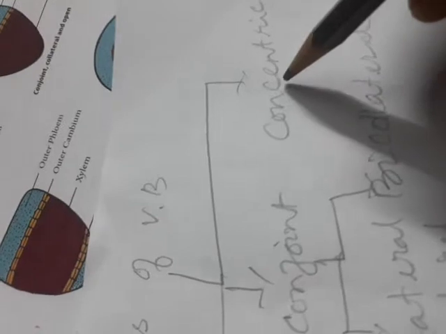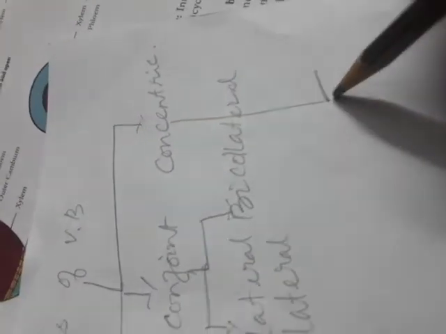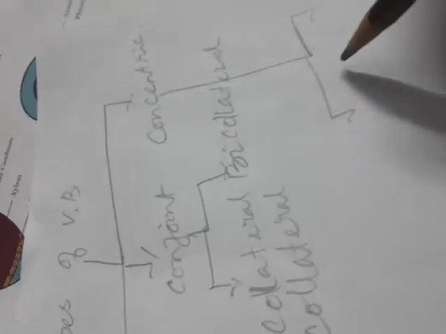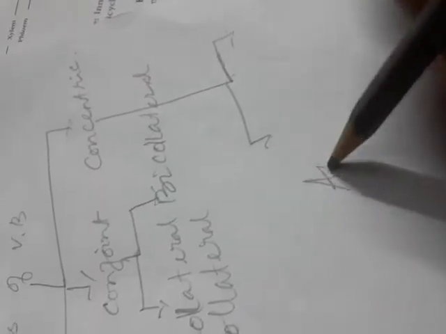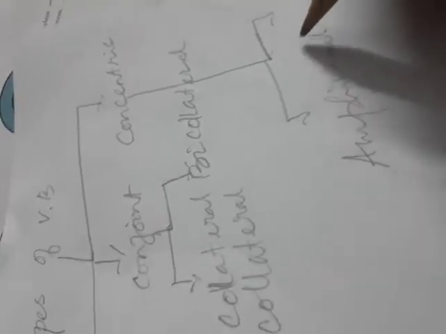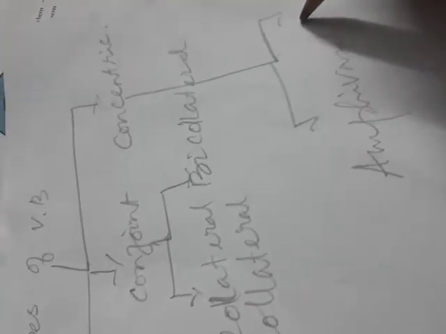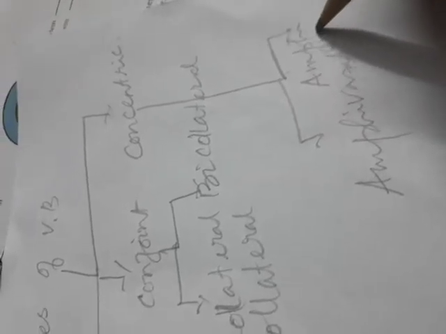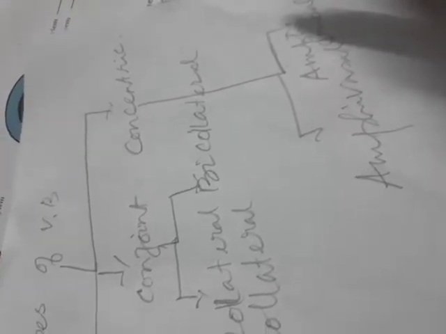Now concentric vascular bundle, again it is of two types. First one is called amphivasal. Second type is called the amphicribal. So this classification will be very easy to understand in the schematic form.